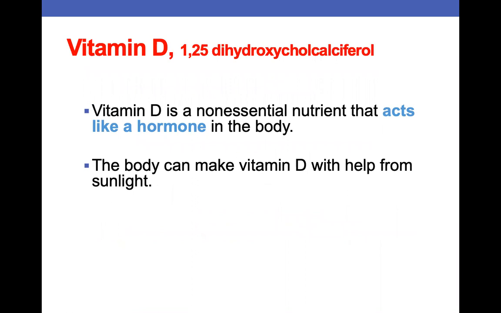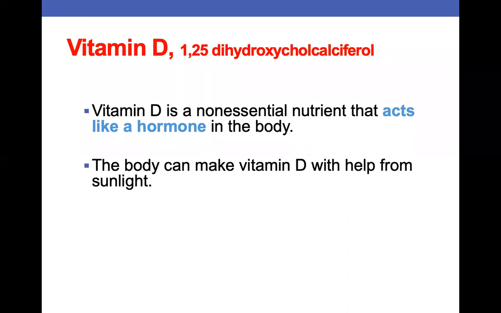Vitamin D is a little interesting because, compared to all the other vitamins, we can actually synthesize this in our own body, which is kind of cool. We kind of act like plants, because it's the only time humans can convert sunlight into an organic molecule. I'll go more into that mechanism later on.